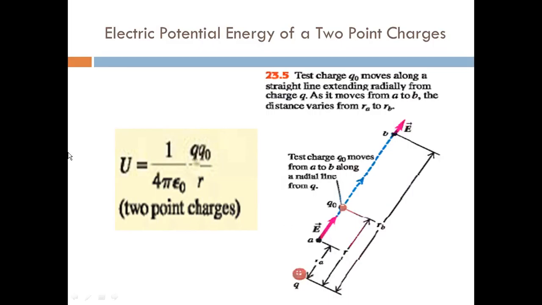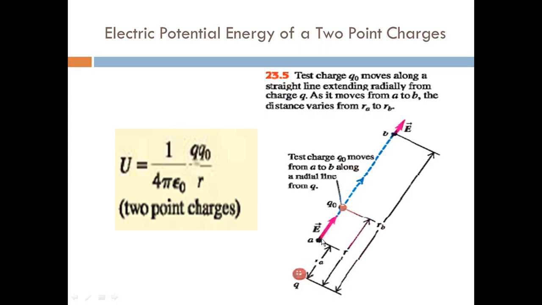What we have here is this positive charge, which is our source charge, and since it is positive, it establishes an electric field which is directed radially outward in all directions. So at point A, the direction of the electric field of this point charge would be towards this direction. At point B, the direction of the electric field would be towards that direction. Notice the difference in the lengths of the arrow.